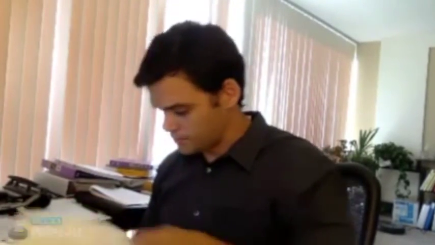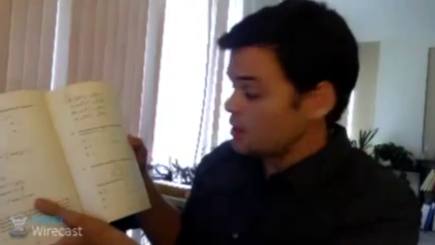I have another example over here. This question: consider a two-player game with a payoff matrix. What is the min-max value?